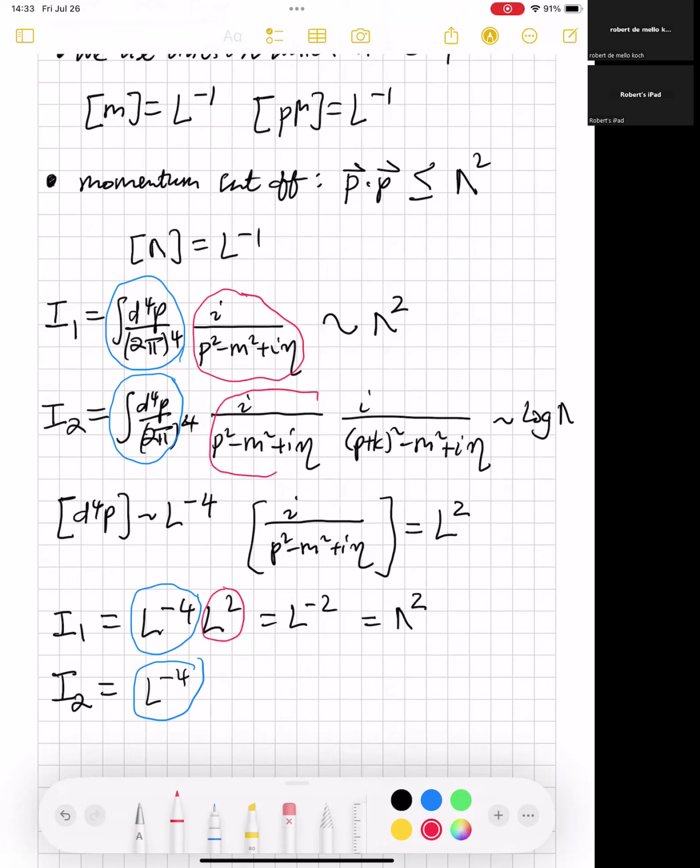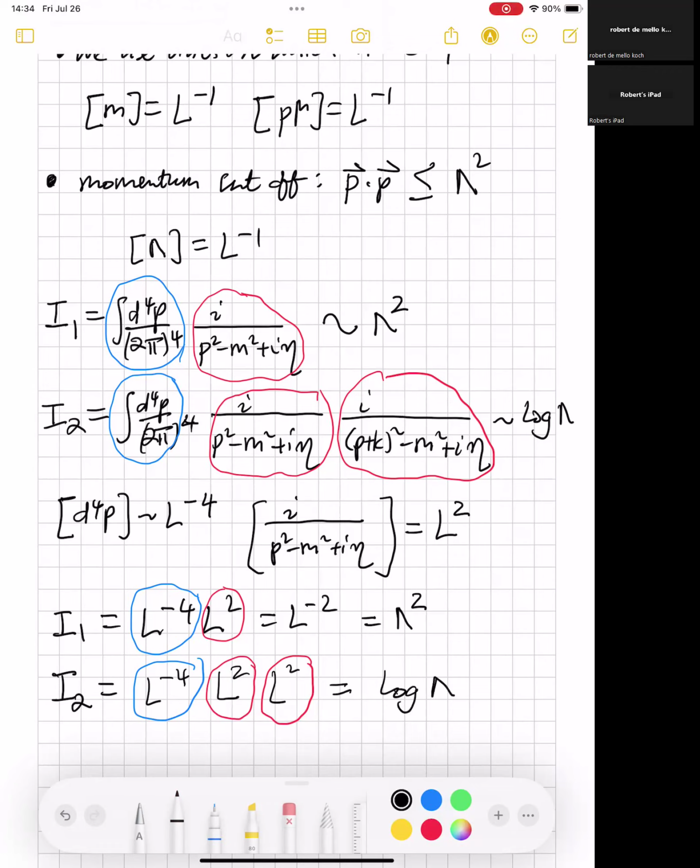So here we've got 2 propagators. So we will get a length squared times length squared. So length to the minus 4 times length squared times length squared is length to the naught, and length to the power of naught we think of as log Λ.